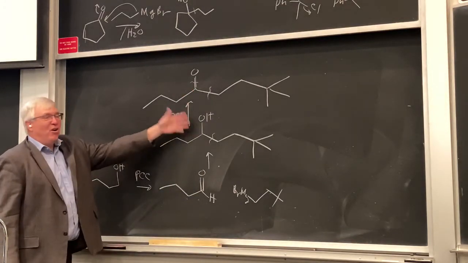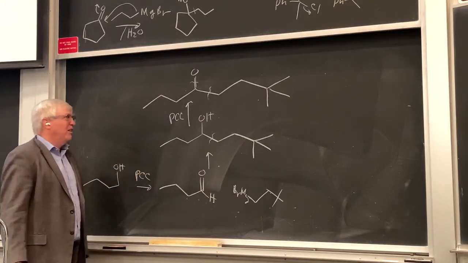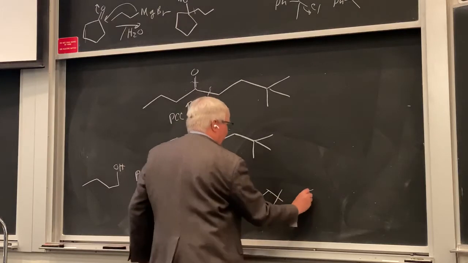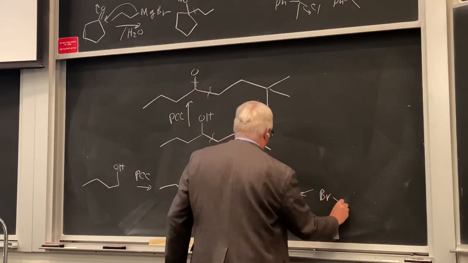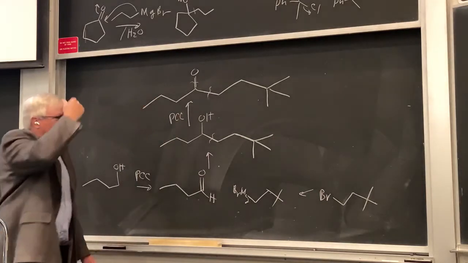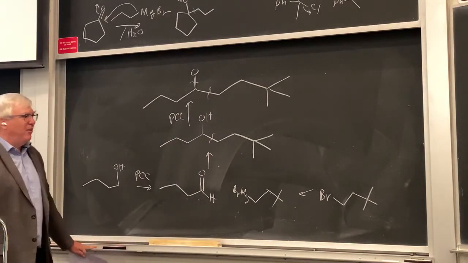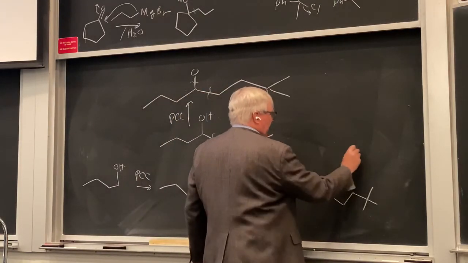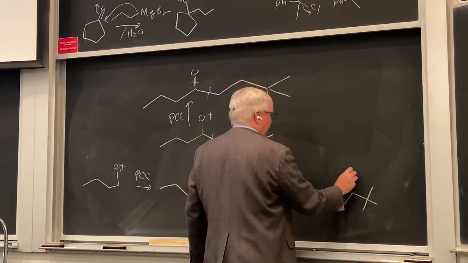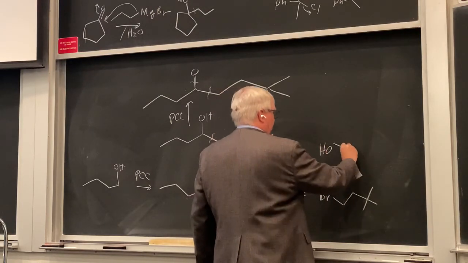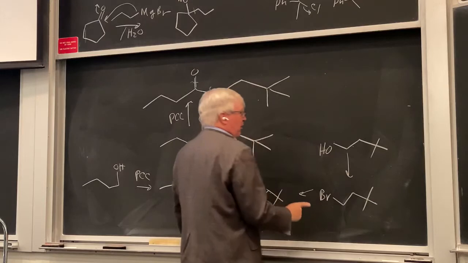This one, we could have used the chromium. Yeah, there are alternative things here. What about this? This came from the bromide, which looked like that. But that's what, 6 carbons. We've got to deal with that. How do we make this? Well, let's think about this coming from an alcohol, right? The tert-butyl group on there.